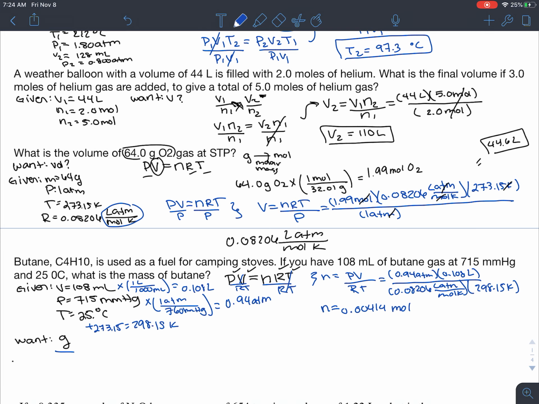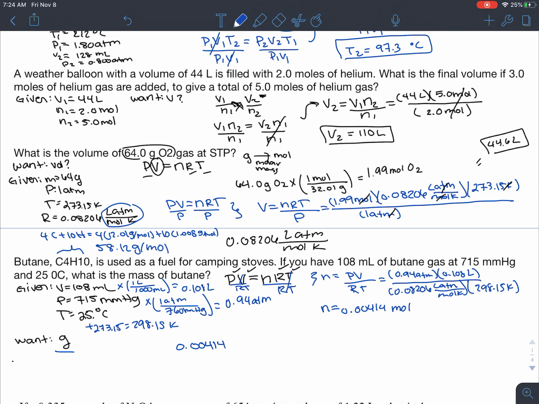Now I'm not finished because I wanted grams. So then I first have to find my molar mass of butane. So 4 carbons plus 10 hydrogens, which is 4 times the molar mass of carbon, 12.01 grams per mole, plus 10 times 1.008 grams per mole. And that comes out to be 58.12.